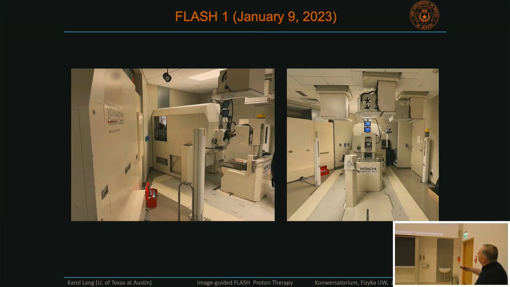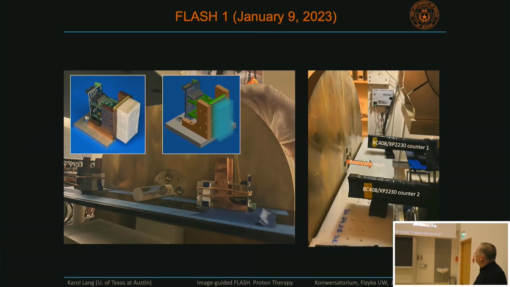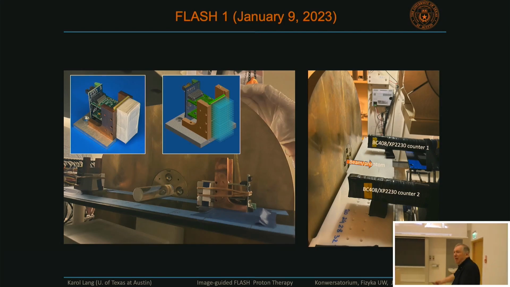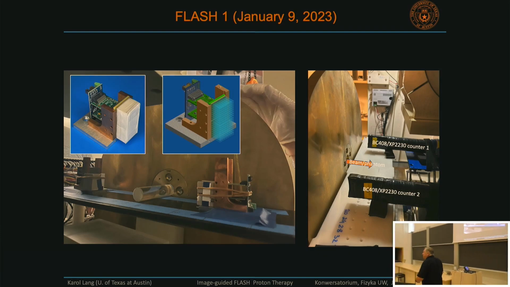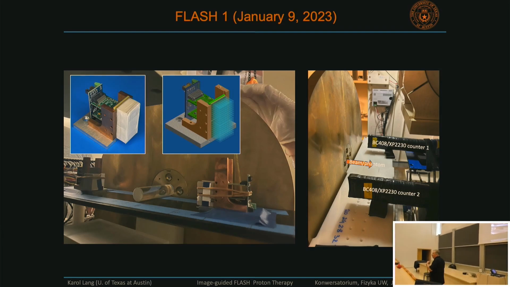And we went to this ocular beam, so one of the smaller beams, but this is the only place where flash is applied at MD Anderson. We positioned just two of these modules. This is one module, this is another module like this, and this is a phantom. This is a piece of plastic. Acrylic turns out to be, on average, very similar to our bodies in its content of carbon, hydrogen, and oxygen.